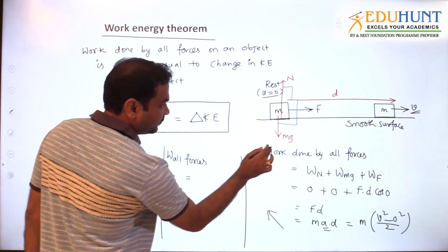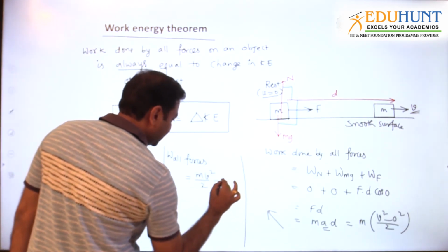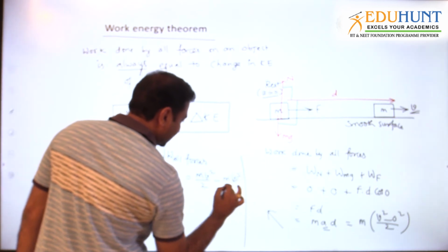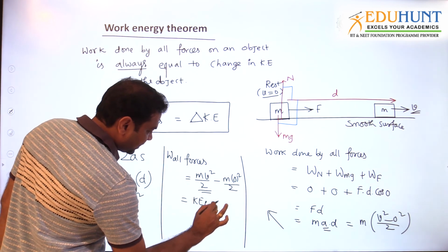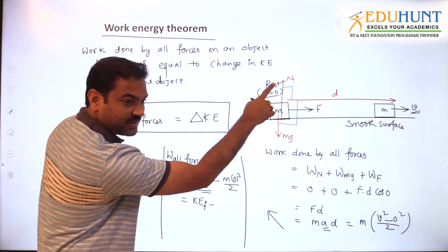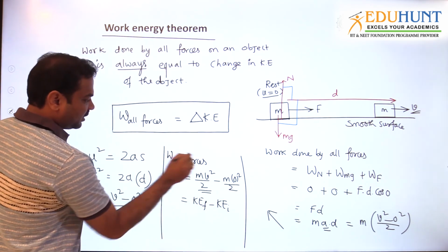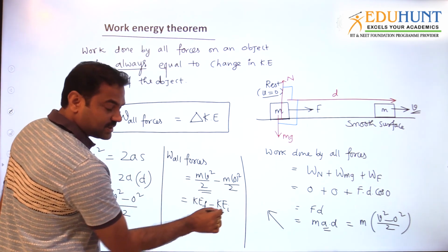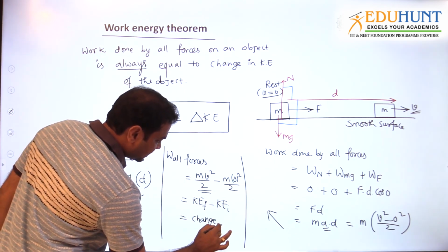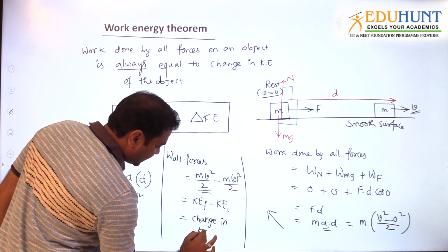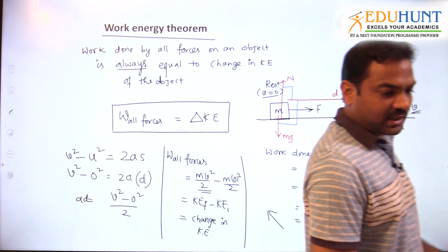Tell me, work done by all forces is equal to M into V square by 2 minus M into 0 square by 2. So half mv square is nothing but final kinetic energy. Half m into 0 square, 0 means initial velocity, so initial kinetic energy. So work done by all forces is equal to final kinetic energy minus initial kinetic energy, which is nothing but the change in kinetic energy of the object. So this is called as work energy theorem. You can apply anywhere.